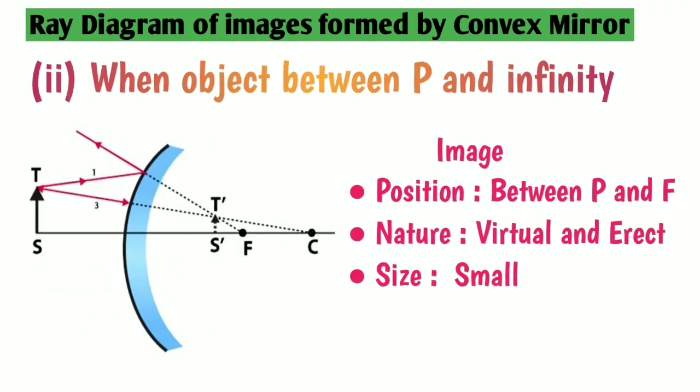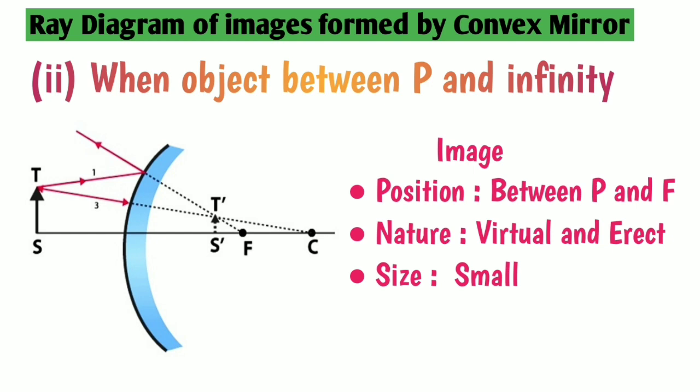And there is the second option, that is when the object is placed between P and infinity. So when the object is placed between P and infinity, the first ray, which is parallel to the principal axis, diverges from the focus point, and another ray we can draw, which is passing through the center of curvature, will go back in the same path. So both the rays here are separated more gradually.